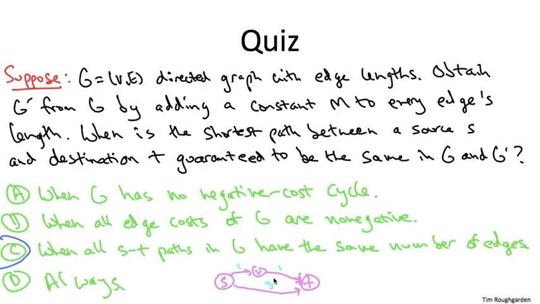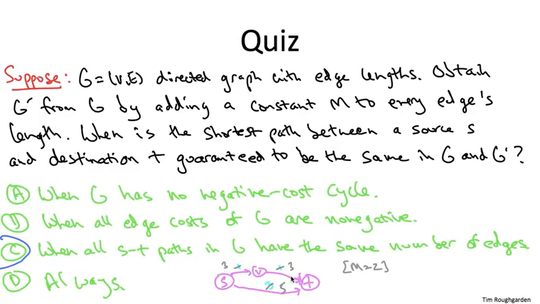So consider this simple pink network where there's an S and a T and there's two paths between them, one with 2 hops each of cost 1, one with 1 hop of cost 3. Now evidently in this graph the shortest path is the one that goes through the vertex V. That has length 2, the other one has length 3. Now suppose we add a fixed constant, let's say the constant 2, to every one of these edges.